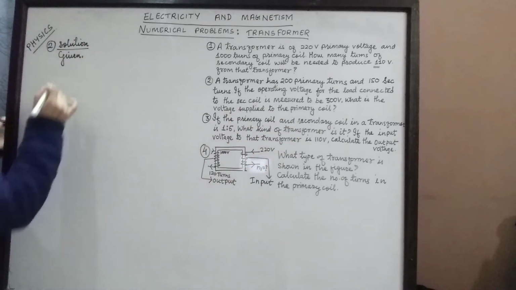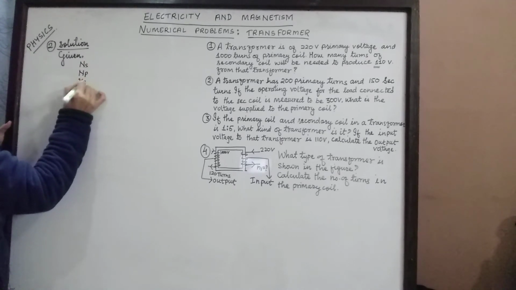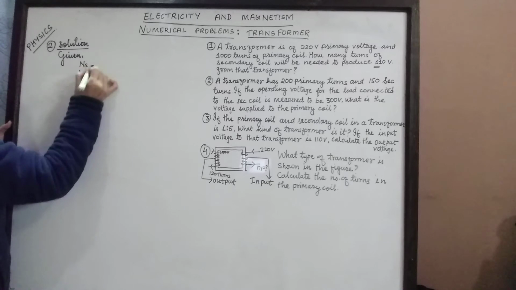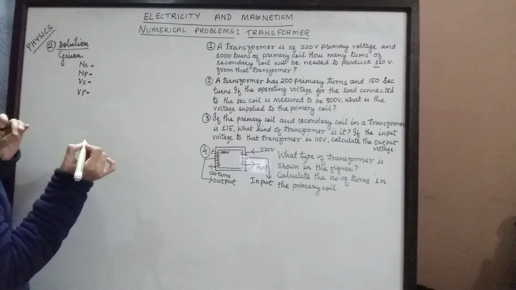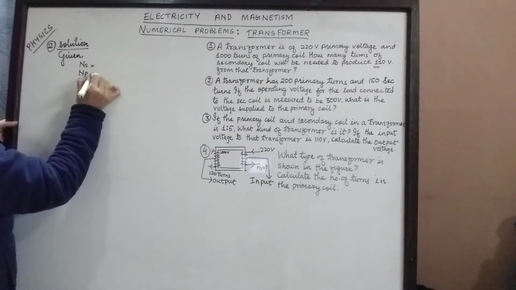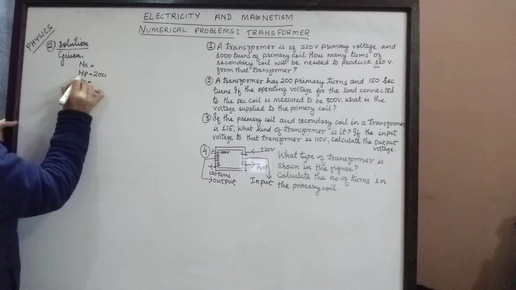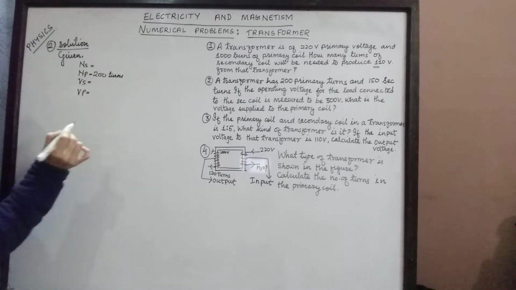Okay, so NS, NP, VS, VP. Which of these are given in the question, we'll find out. 200 primary turns. Number of turns in the primary coil is 200 turns. Write all with the unit.